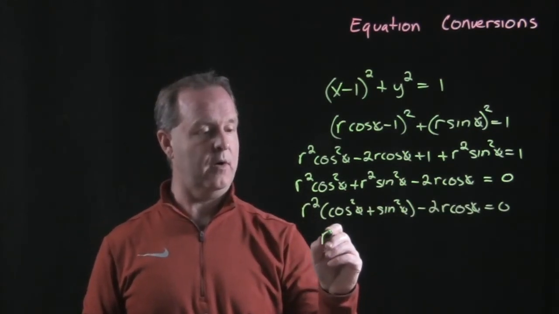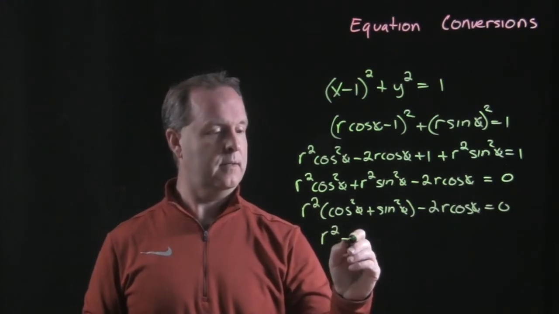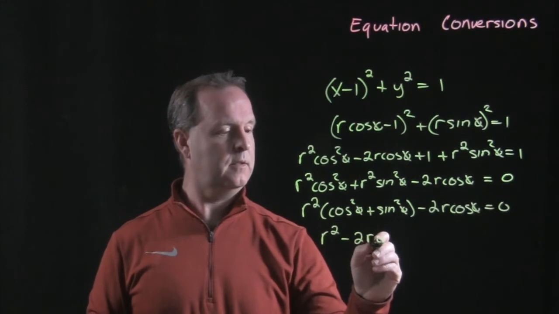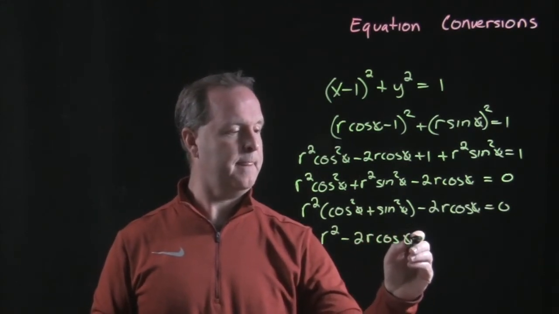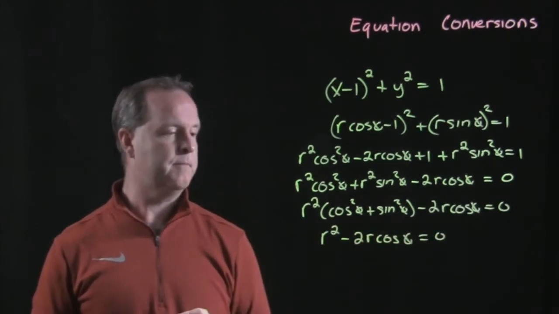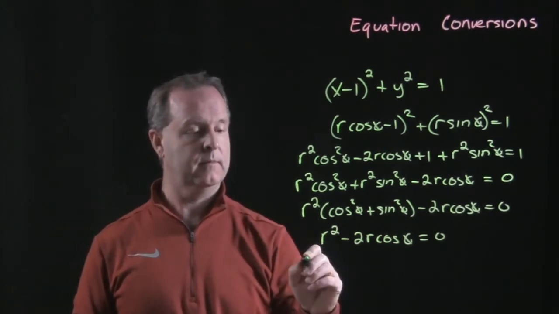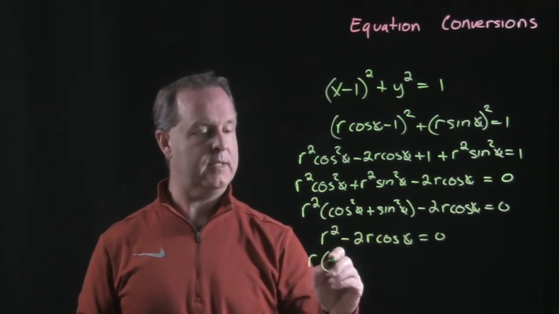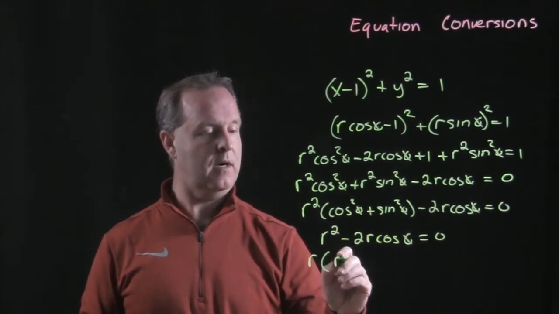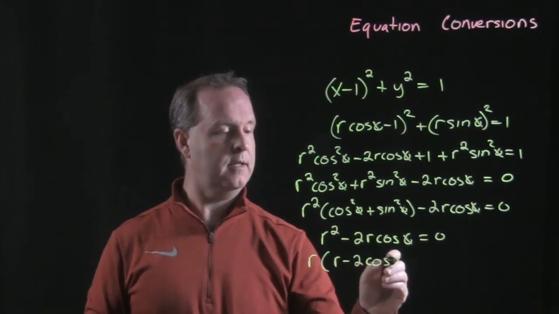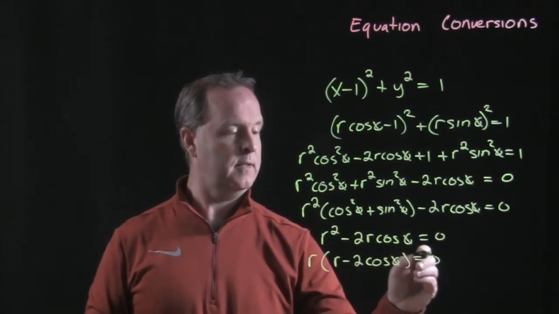So then I just have r squared minus 2r cosine theta equals 0. Looks like I can factor out an r from both of those. So r, then what's left is r minus 2 cosine theta equals 0.